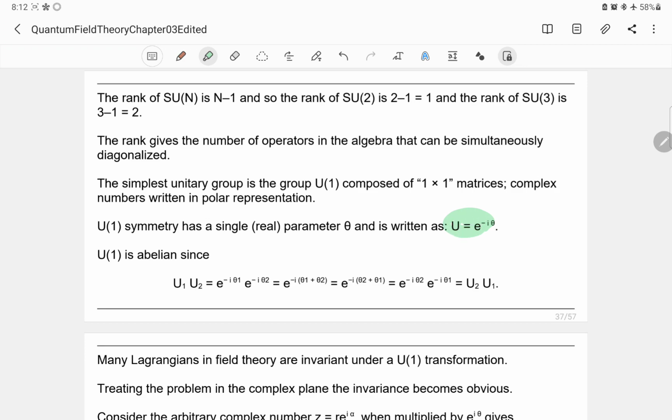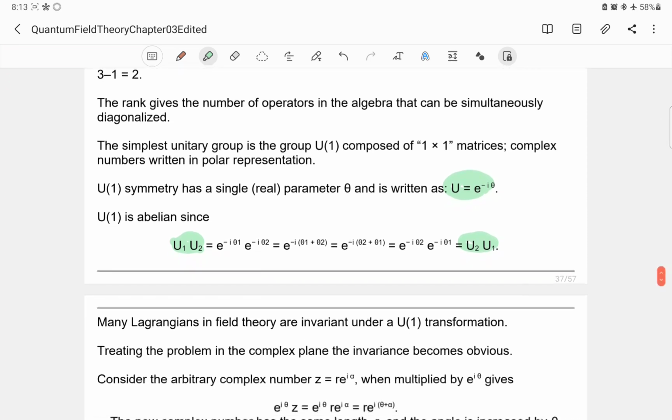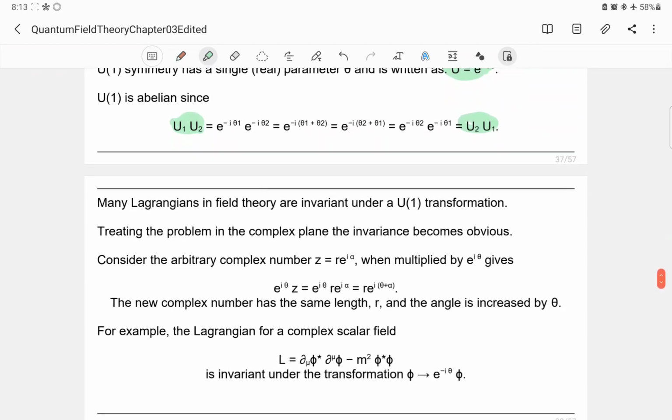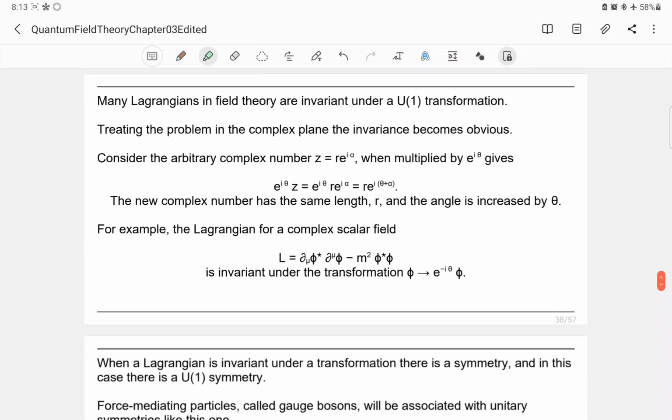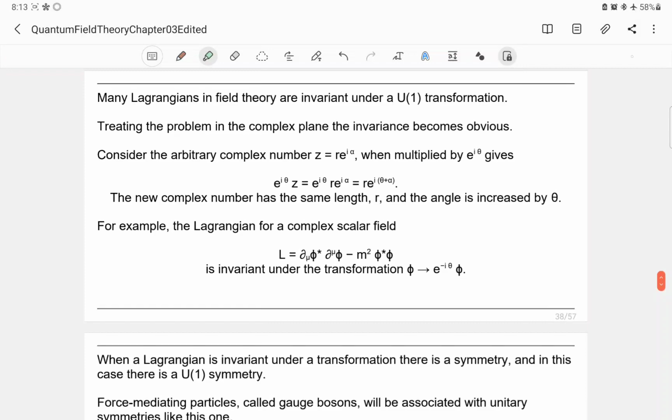And U1 is abelian, since you can commute the representations when you get the product. Many Lagrangians in field theory are invariant under U1 transformation.